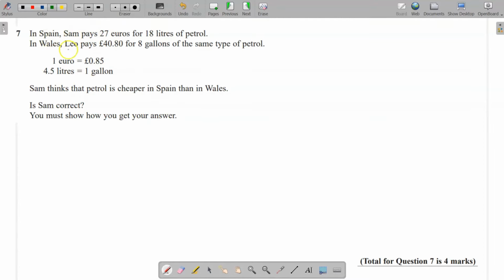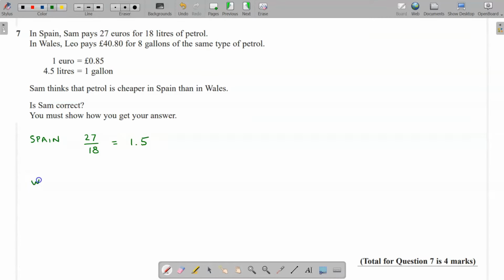One way is just to look at the cost in euros per litre, which is what I'm going to do because that's how the question starts with Spain. So for Spain, let's see what the cost is per litre. That's easy to see because it's simply going to be 27 divided by 18, which is exactly 1.5. So that's easy. We'll leave that.